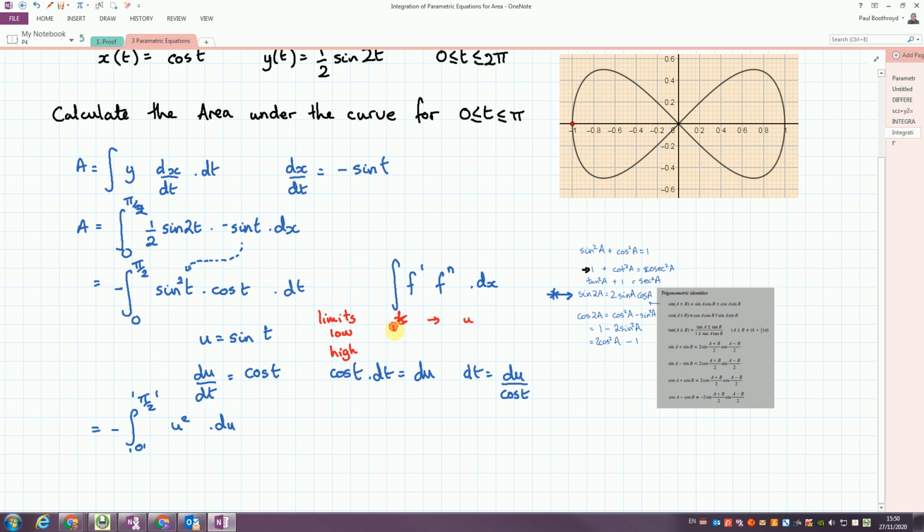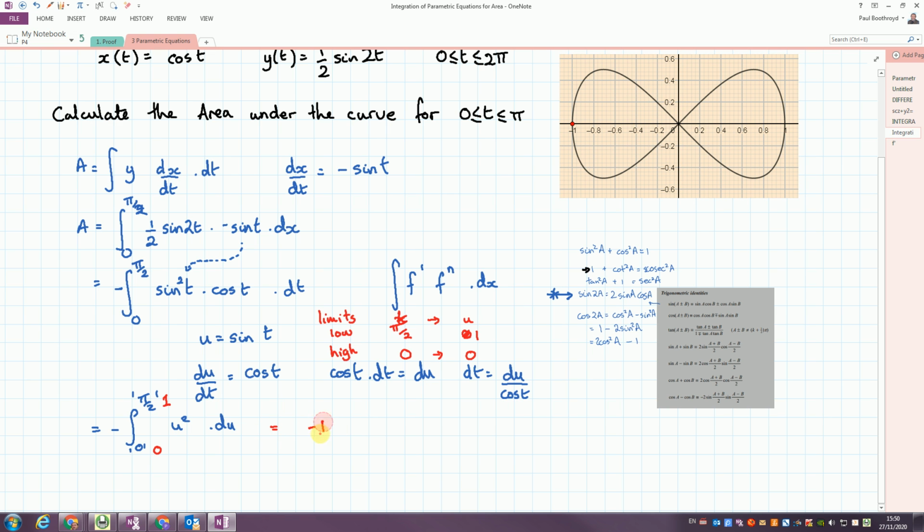So if my limit is 0, put it into my function, sine of 0 is 0, and for pi over 2, the sine of pi over 2 is 1. So this should actually become an integral from 0 to 1, if you want to do it purely in terms of u. I'll show you that bit in a moment.